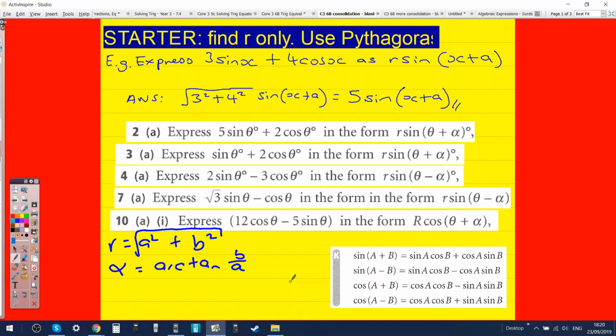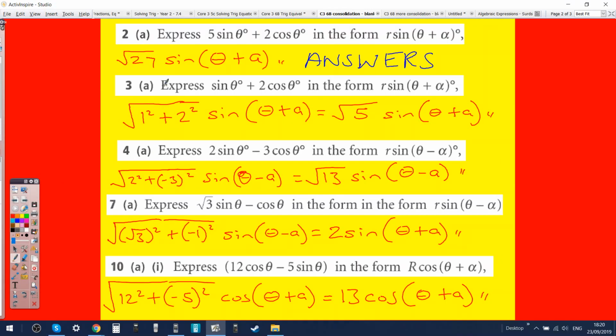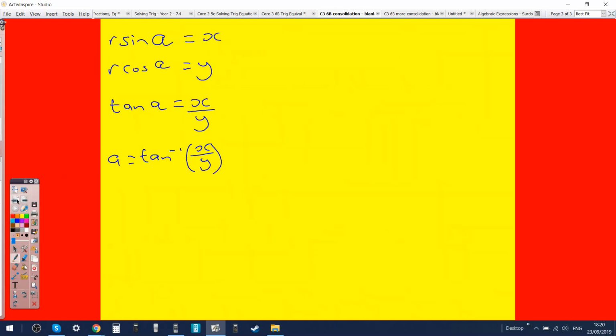And so what is this in the form of R sine theta plus alpha? So that would be root 29 sine, then theta plus 21.8. And where is this? I got that wrong. These aren't the answers. These aren't the answers at all.